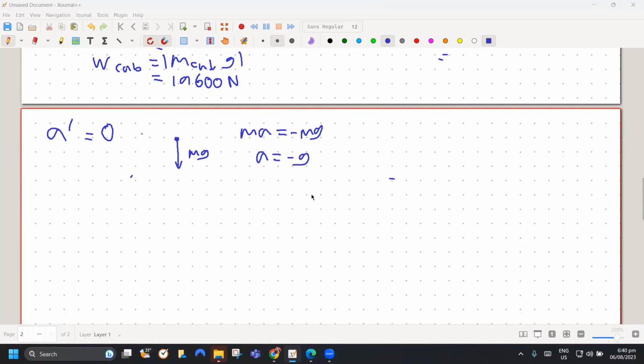So A prime is equal to 0. Kanina pala nakasulat yung relationship between A prime, A and A cab. Di ba may relationship yon dahil sa relative positions, velocities, and acceleration?